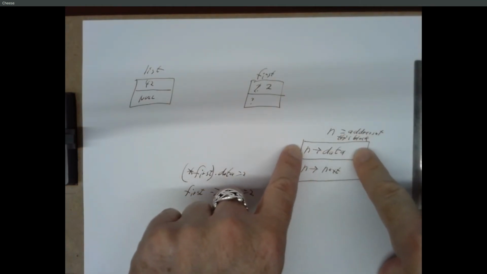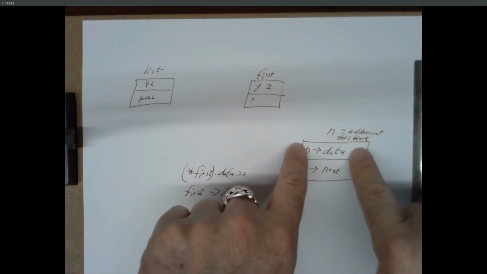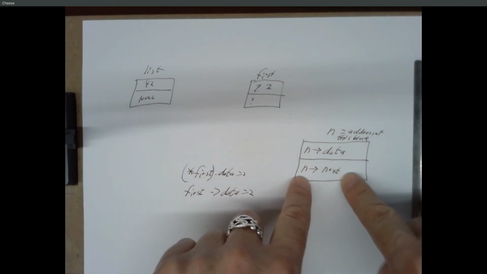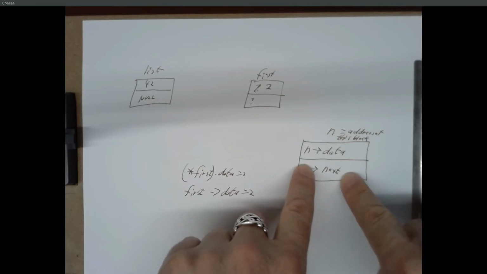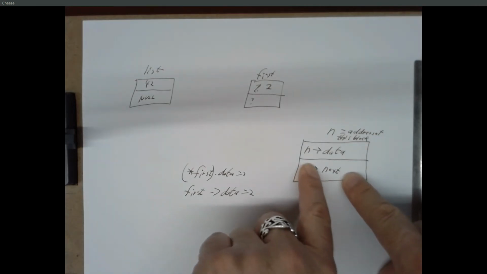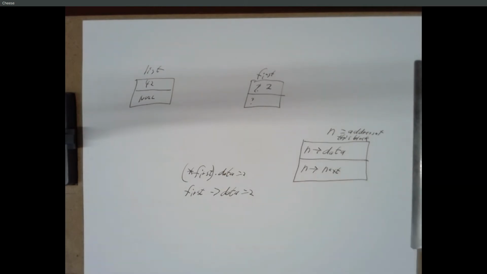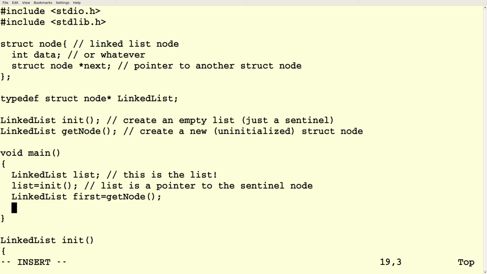In code, we can get to it by saying first arrow data. And then sometime after that in memory, probably around 602038, we'll find the next field. And we can get to that by saying first arrow next. All right, so we can set the data value like this.